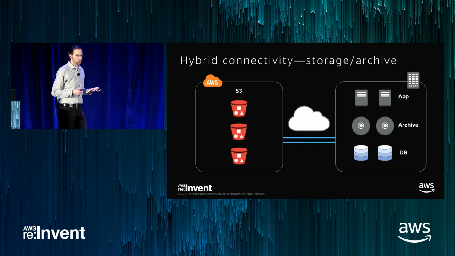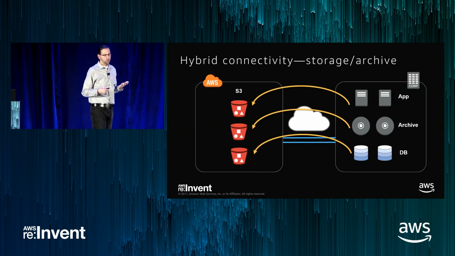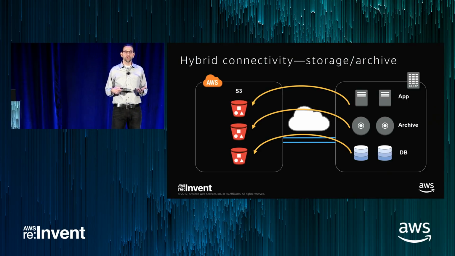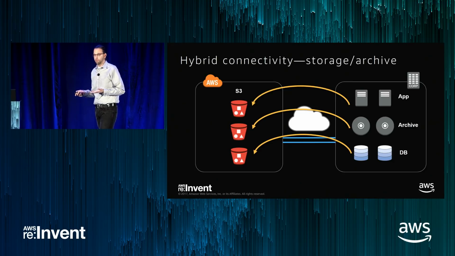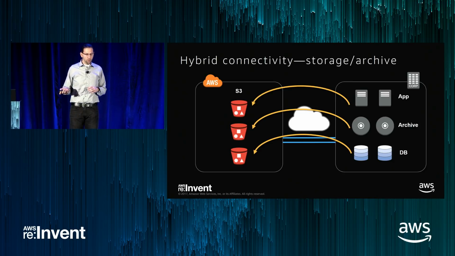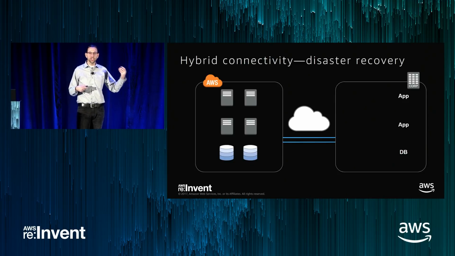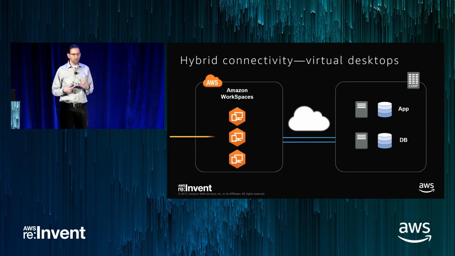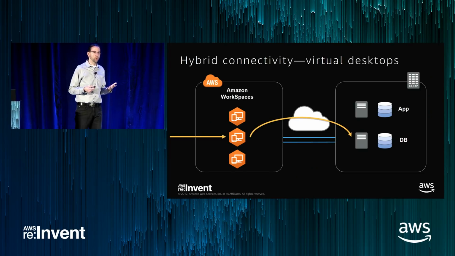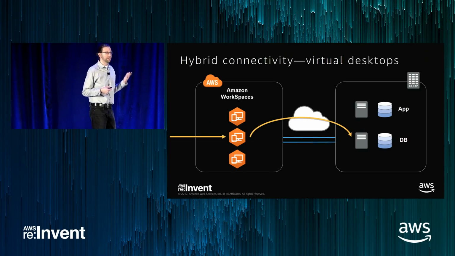So some examples are, you could be thinking about AWS as a reliable site for object storage, things like backup, archival, logging. AWS could be your disaster recovery site, offering you some geographic distance from where your applications are running in prod. Hybrid connectivity is almost always needed when you use WorkSpaces as your VDI solution.